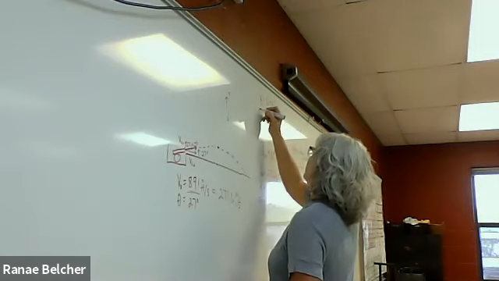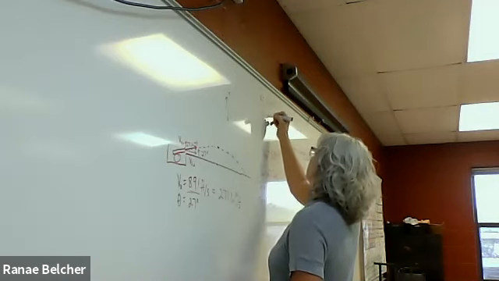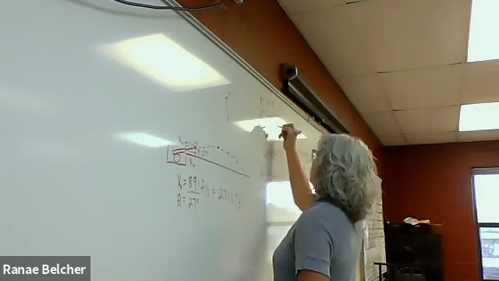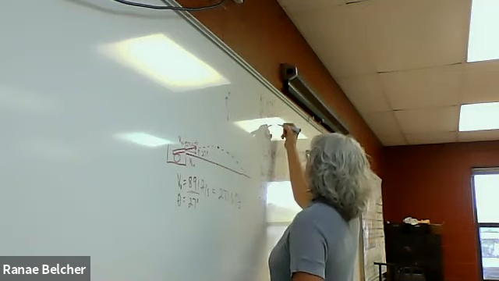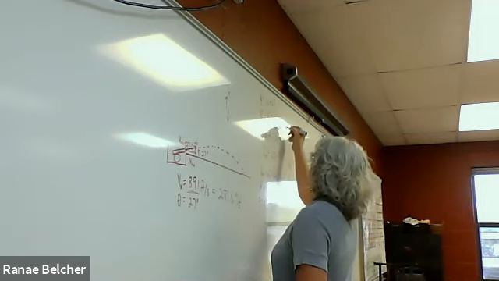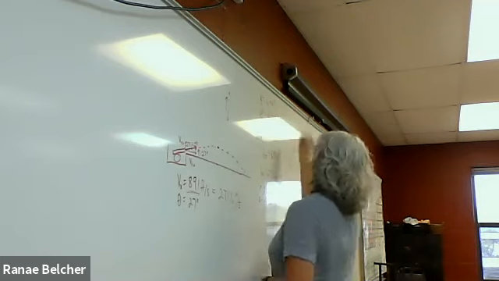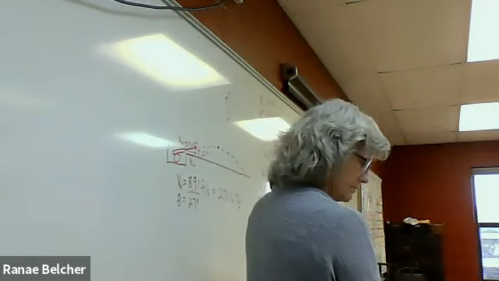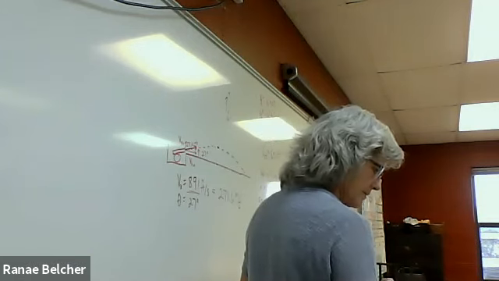What was the other one? Vf squared equals Vo squared plus 2AD. I think D equaled VoT plus 1/2 AT squared. You have those equations for vertical. Those are all on your formula sheet.